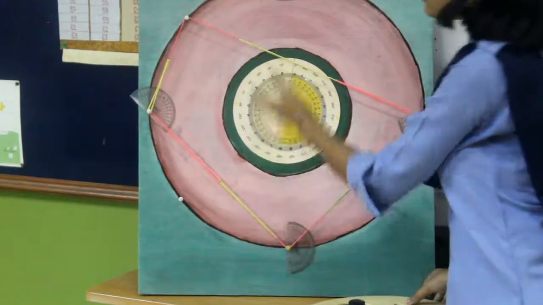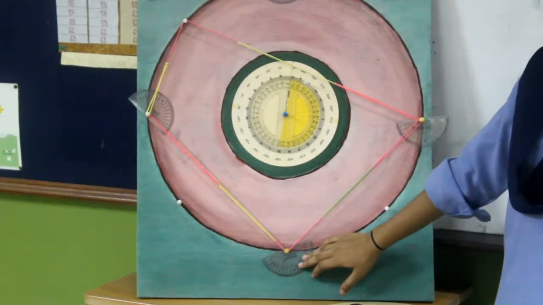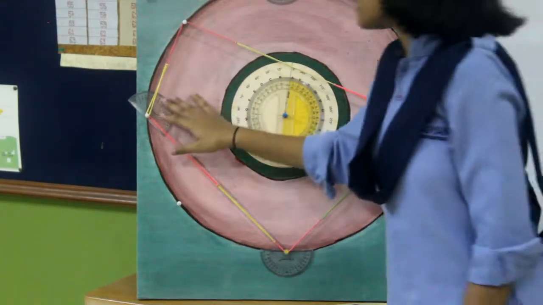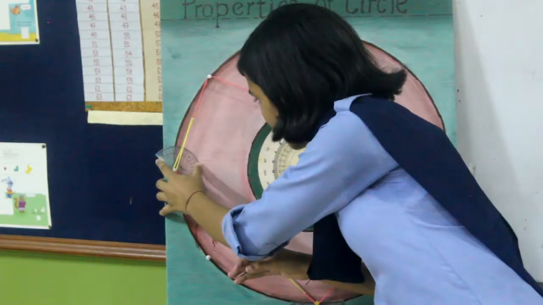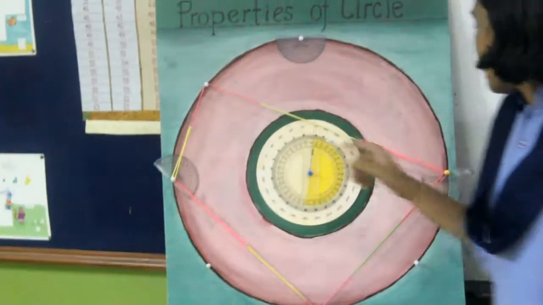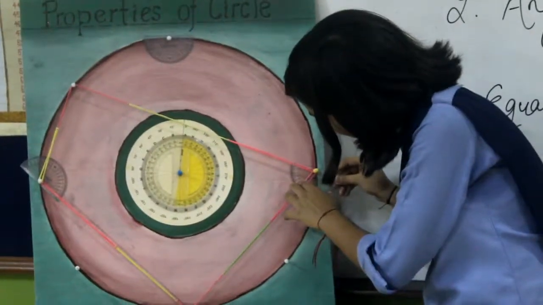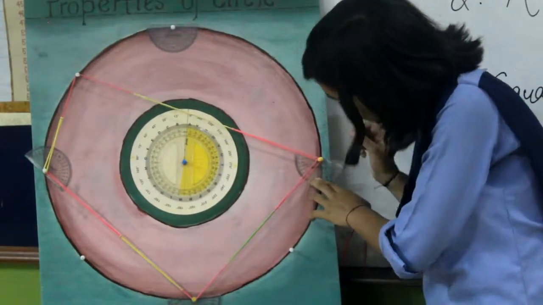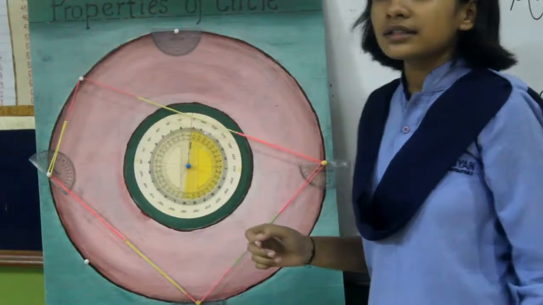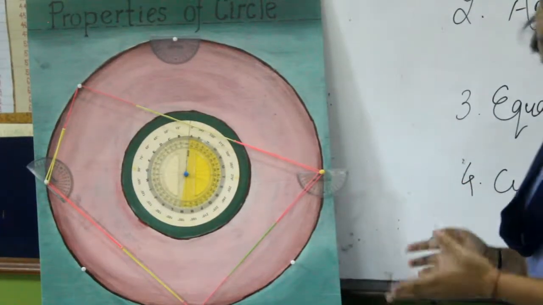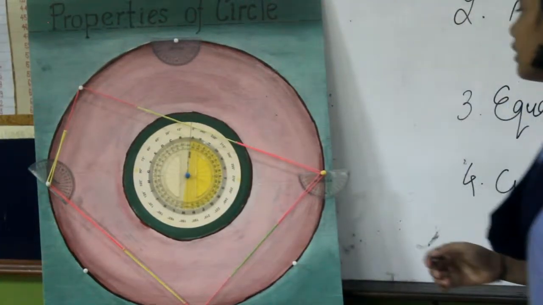So the sum of these opposite angles is 180 degrees, and now we can take this case. Here we are getting the reading as 120 degrees, and here we get this angle measuring 60 degrees. So as we add these two angles, it is also summing up to 180 degrees.